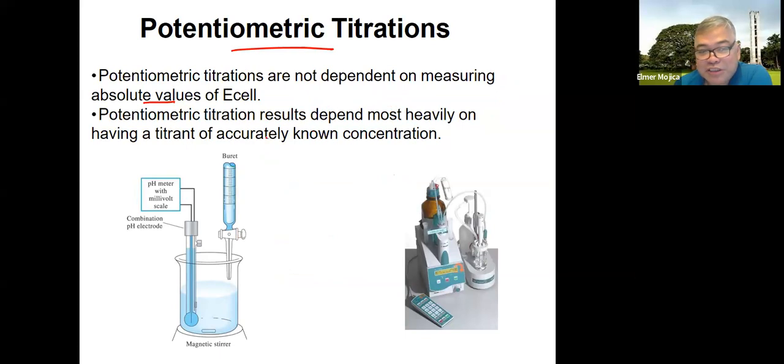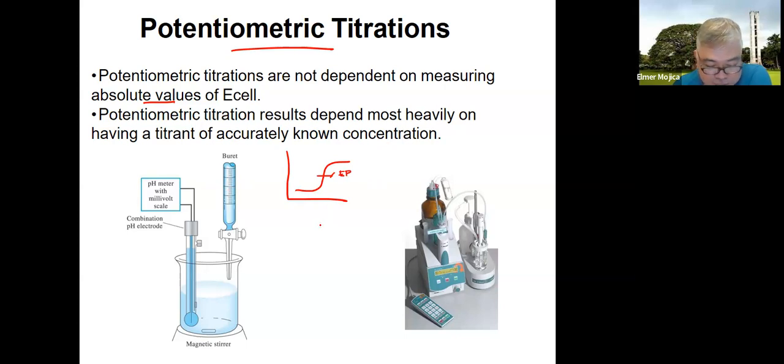What they do is look at the reaction between the titrant and the analyte of known concentration. The classic example is the pH meter. Usually you have it like this, and you call this the equivalence point.